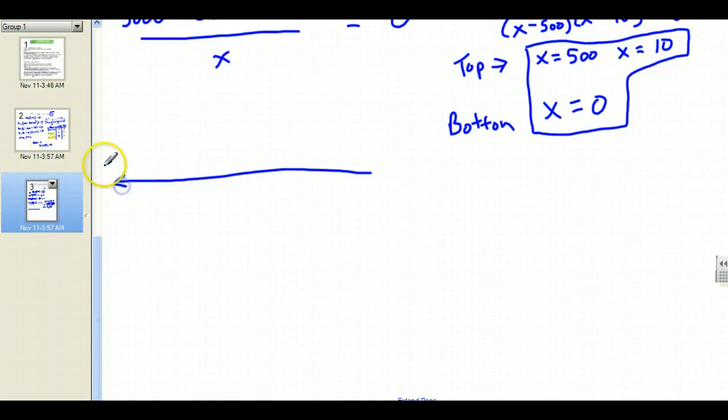So again, negative infinity, positive infinity. And this time we'll do 0, 10, and 500. We don't have to make it to scale. We're just coming up with our regions. So what are our regions?